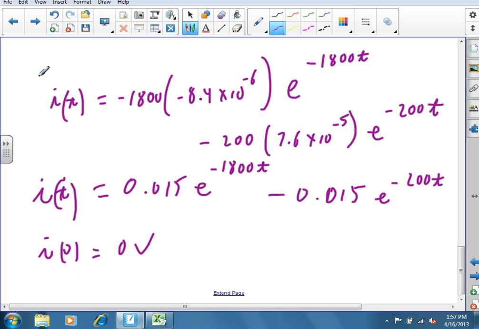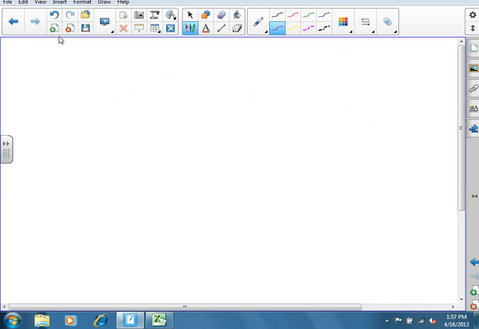Now, in section 35, this is the way all electrical engineers always solve differential equations, because it's an easy way to do it, and as long as you have your Laplace transform tables, it always works.